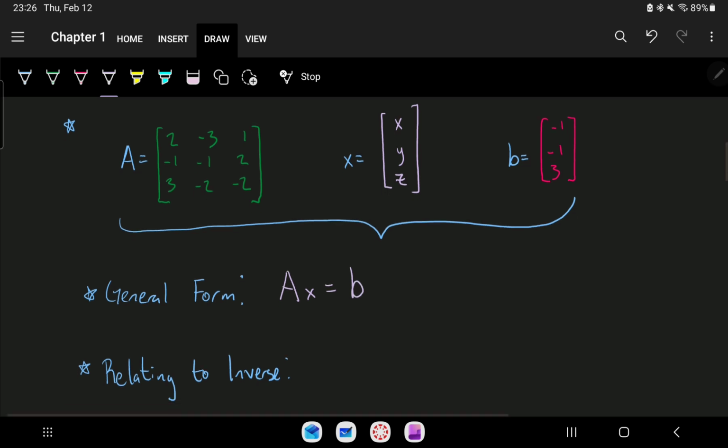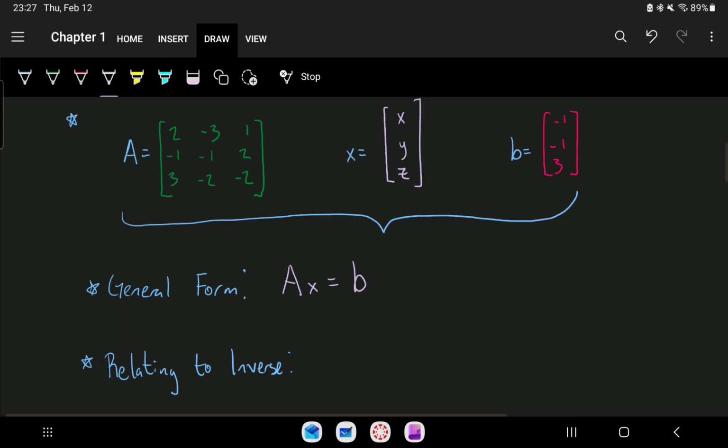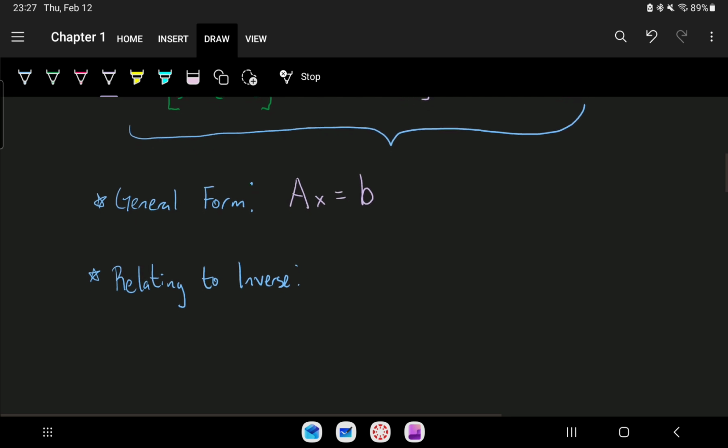Now, an interesting thing that we can note about this, and a very simple proof, is relating to inverse matrices, which we just covered in our last video. If you're a little bit rusty, I recommend you take a look at that.